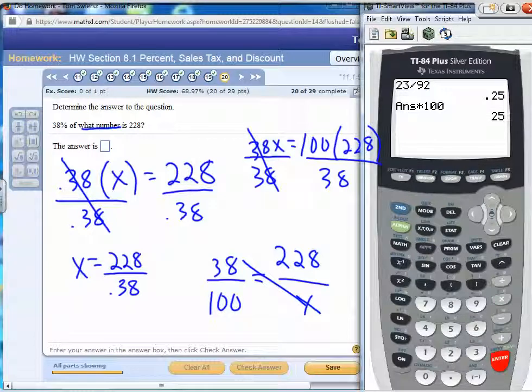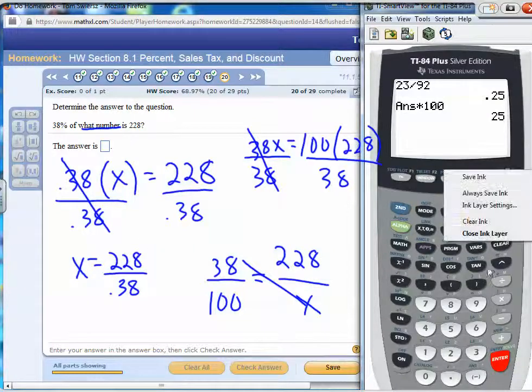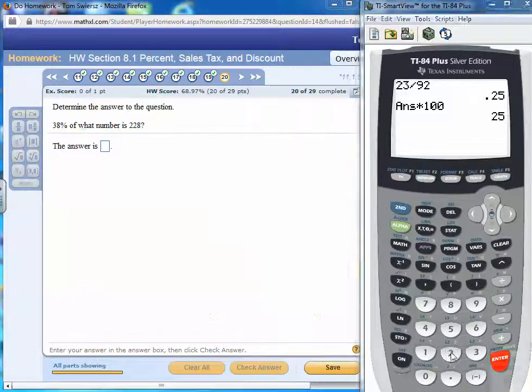We'll get the same answer as with the equation. Either way will get us the correct answer. With the first method, we take 228 divided by 0.38, and we get 600.